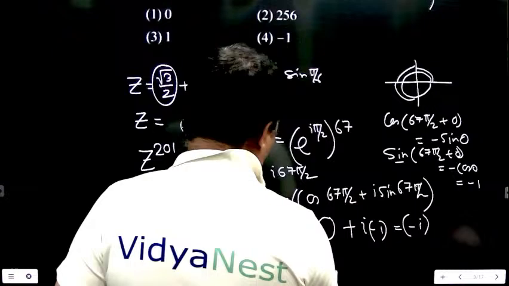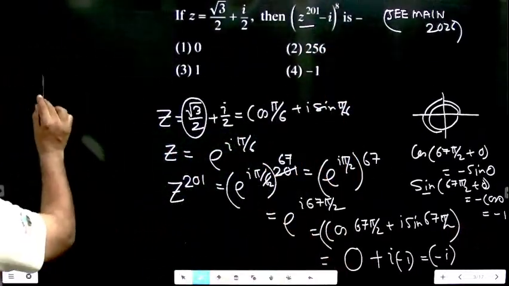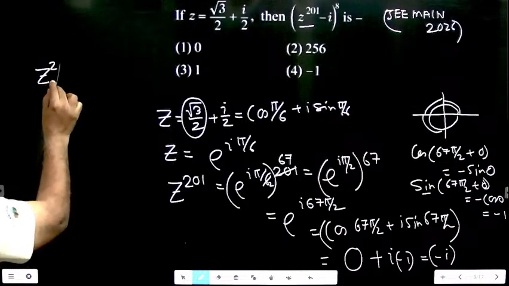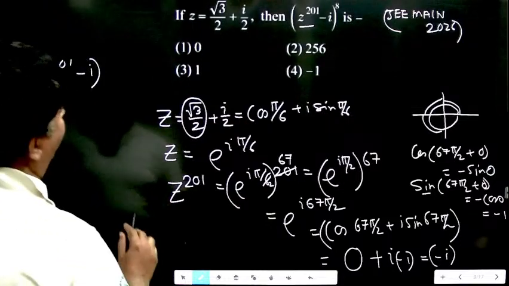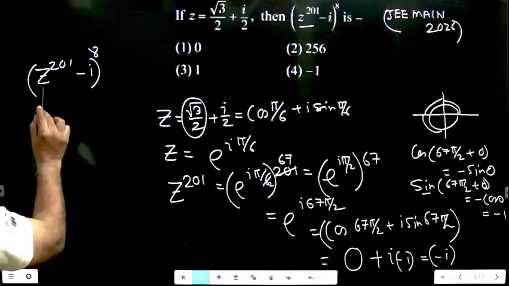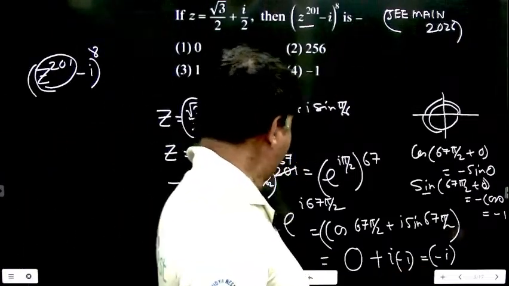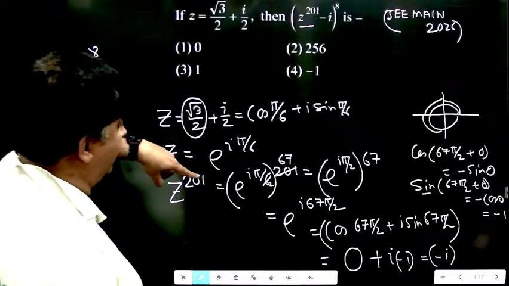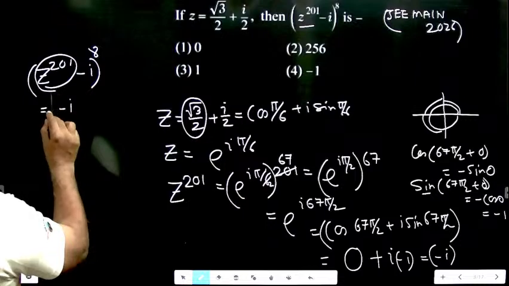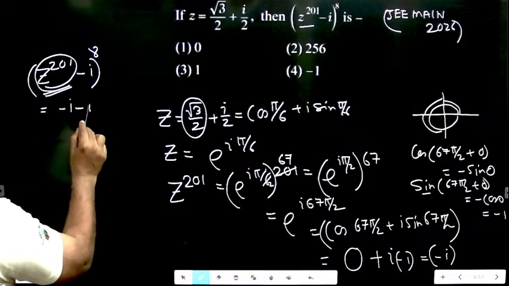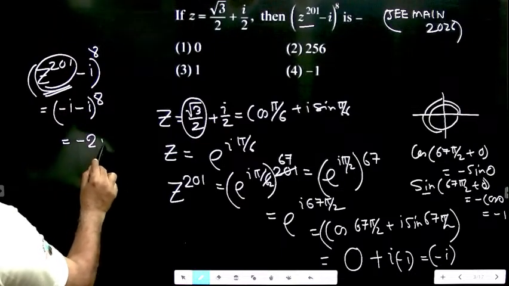Now you see z to the power 201 whole to the power 8 will be what? Just now we have got z to the power 201 is minus i. So minus i, whole to the power 8, minus 2i.